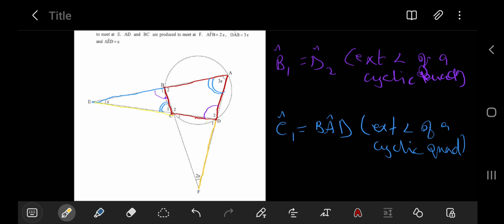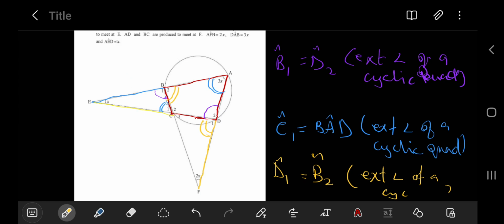We do have an exterior angle. So that is our exterior angle, and that exterior angle is equal to the opposite interior angle up there. Okay, so now we can see that angle D1 also is equal to B2. Reason being, exterior angle of a cyclic quad, right?